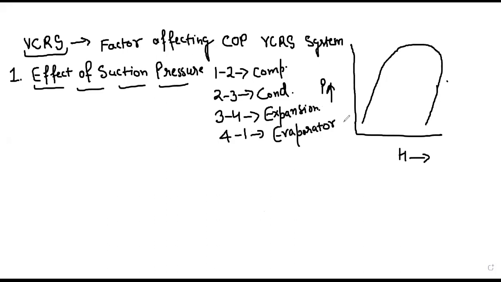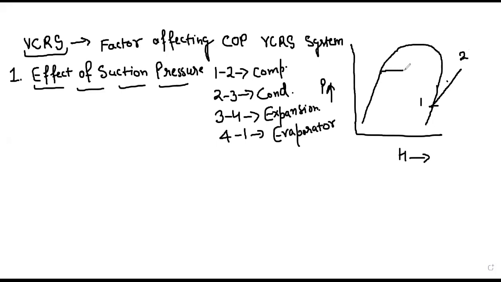Okay. Now, in this pH graph, you guys look, 1 to 2, I have to show the isentropic compression process. Let us suppose I'm starting at this point. This is my point number 1. And I'm doing isentropic compression from 1 to 2. So this is my point number 1. This is my point number 2. Clear? Now from 2 to 3, there will be condensation.